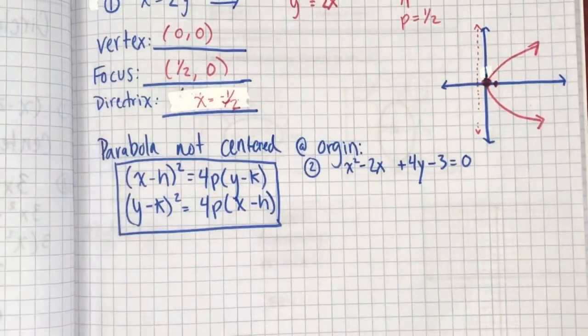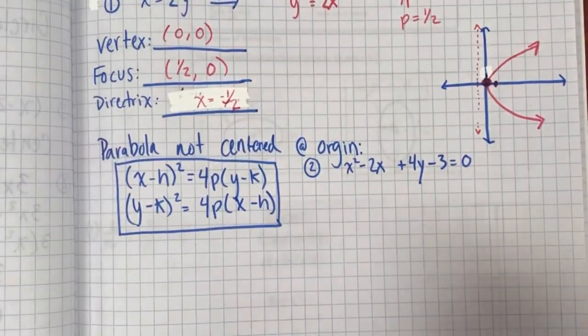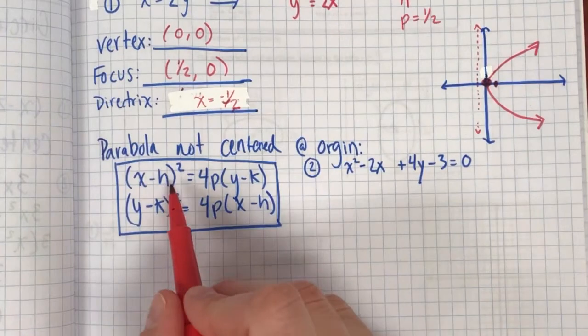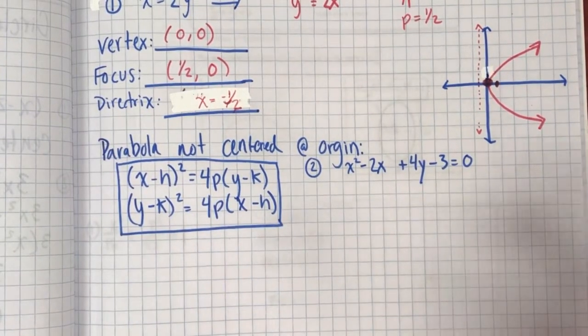Now, if we have a parabola that is not centered at the origin, it's going to look something like one of these two equations, where we have our h and k values. H and k are going to represent our vertex. So for this one, we need to put it into a version that looks like one of these two. So again, we're going to have to complete the square.